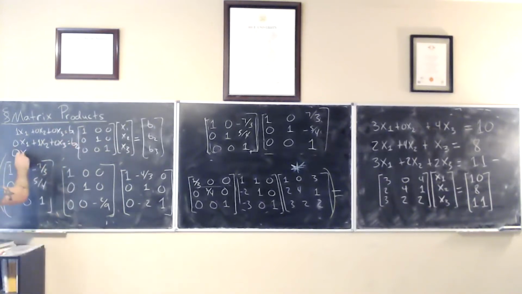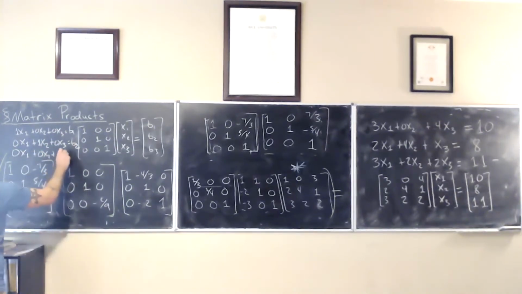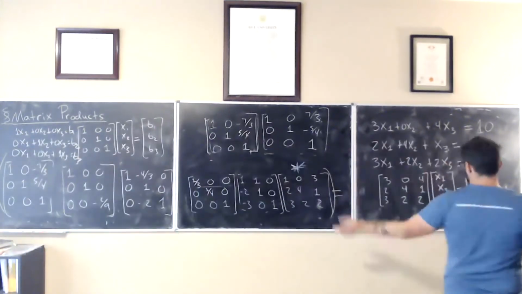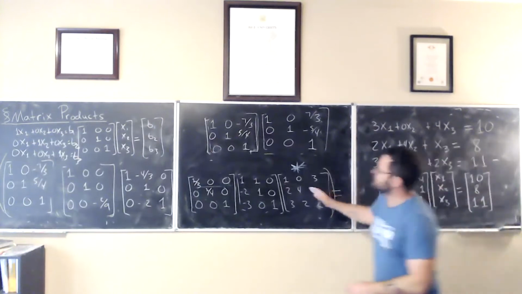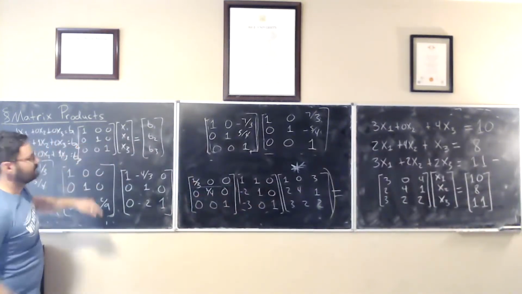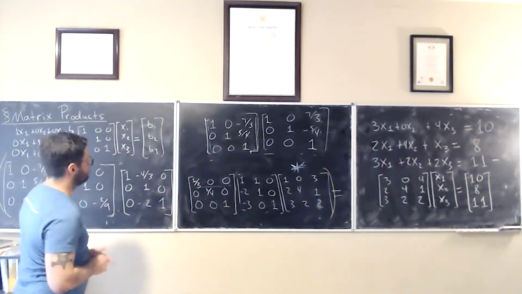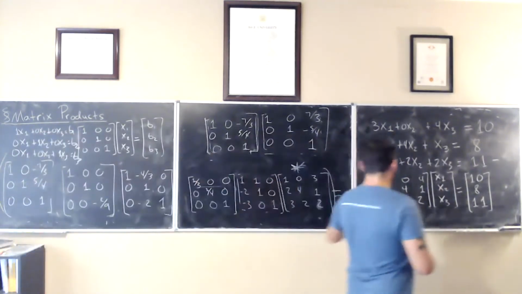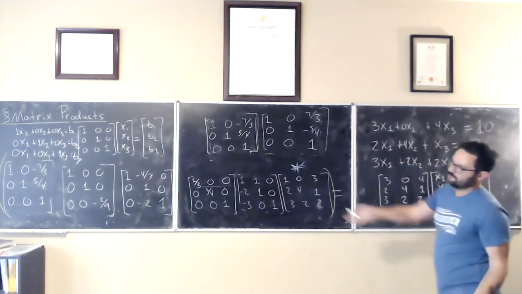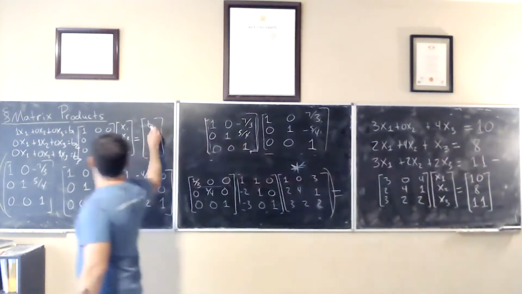And then 0 times x1 plus 0 times x2 plus 1 times x3, that's equal to B3. Whatever the vector you get on this side after you multiply all of this, because we know that this multiplication gives us the identity matrix, which doesn't change anything. The matrix on the left will reduce to the identity, and on the right we'll have a vector, and then the x's are just in plain sight. They're whatever you're left over with.